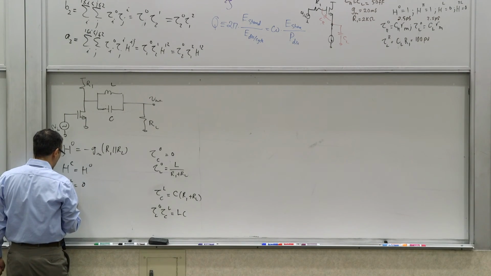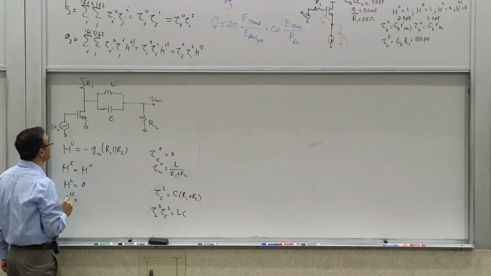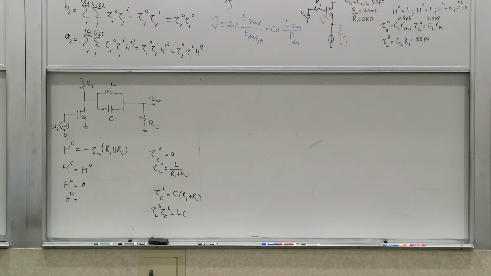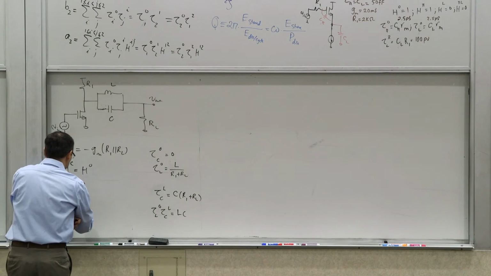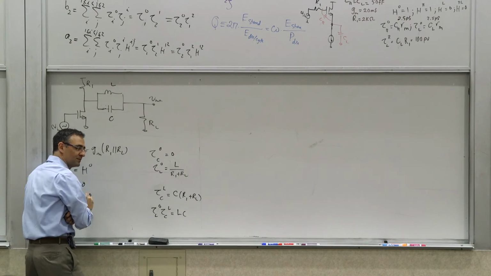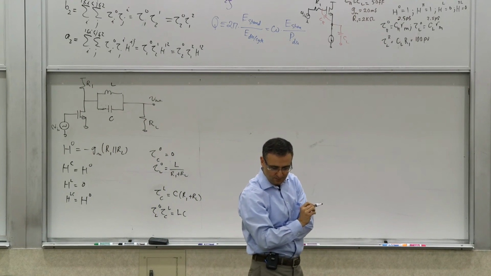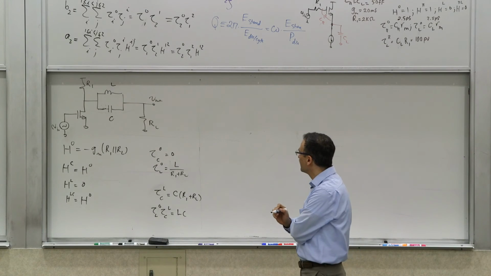And if both of them are infinite valued, do you still get 0? Because L is infinite valued, it's open. C is infinite valued, it's short. So you get H0, right? So now we have these things.